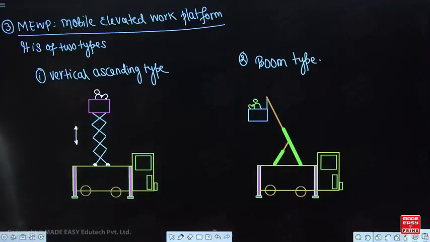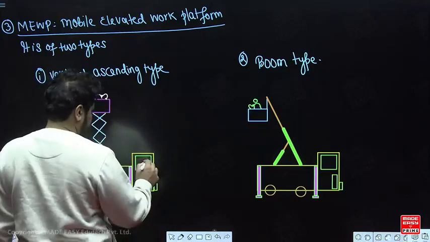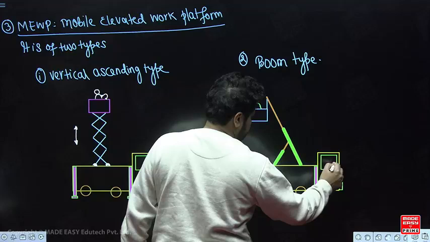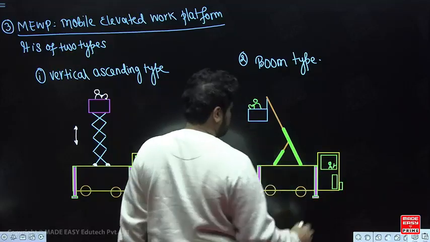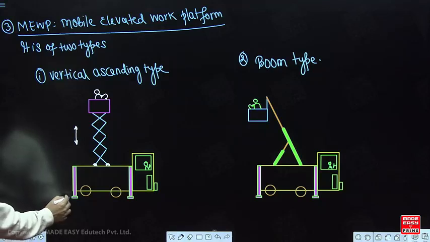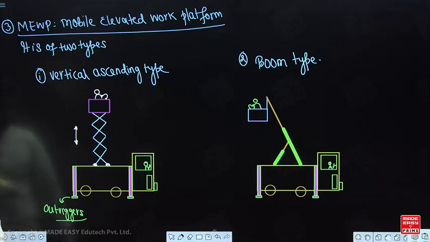So these are the two types of... Okay, तो यहाँ पे आदमी रहेगा ड्राइव करता हुआ, करेक्ट. So these are called as outriggers. Outriggers.